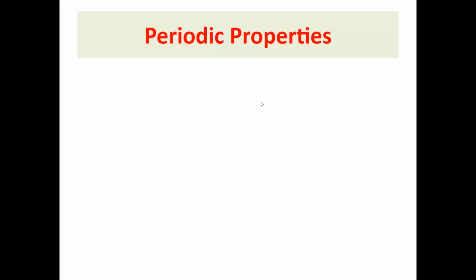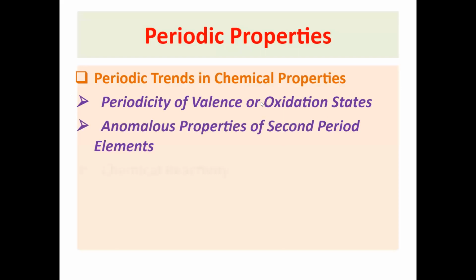And the chemical properties are oxidation state or valency state, and anomalous properties of second period elements. Anomalous means the elements show properties differently, with some changes. Now chemical reactivity: either acidic nature or basic nature, metallic or non-metallic, conductor or insulator. That reactivity we will see.